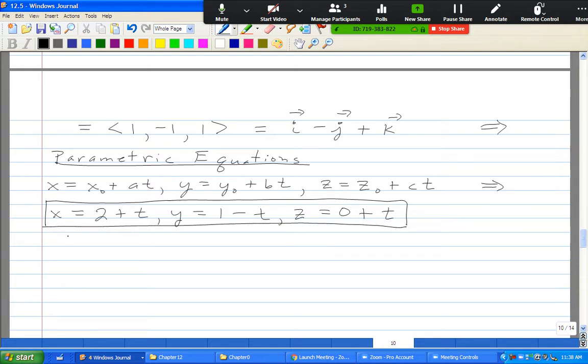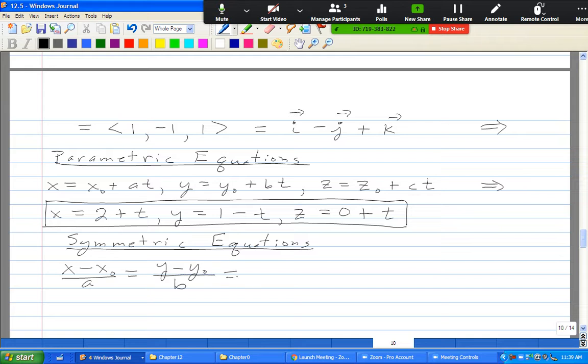Let's do the symmetric equations. So the symmetric equations are x minus x sub 0 over a equaling y minus y sub 0 over b is equal to z minus z sub 0 over c.